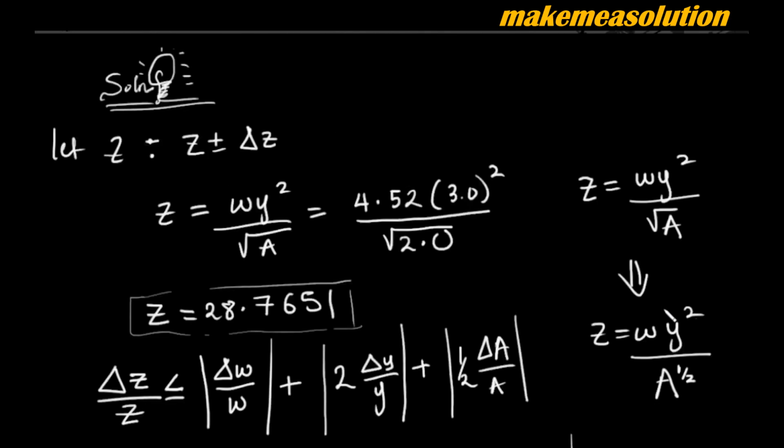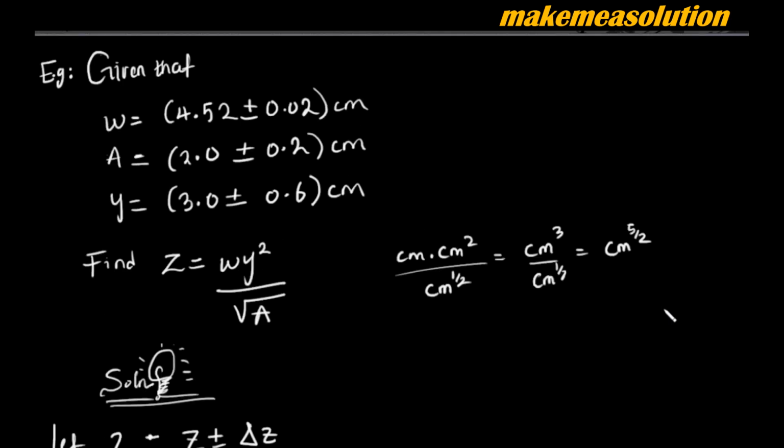Okay, I think I made a mistake. Assuming here is squared, because it looks like area. If it's squared, then I'll now have the square root of something squared, which is just 1. Then you now have cm cubed divided by cm, which is cm squared.